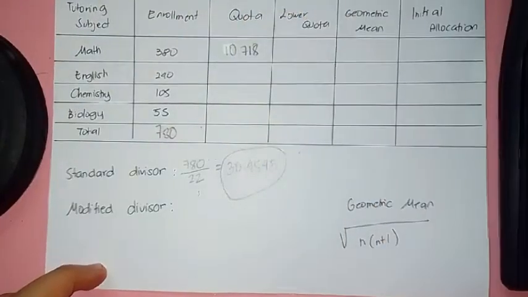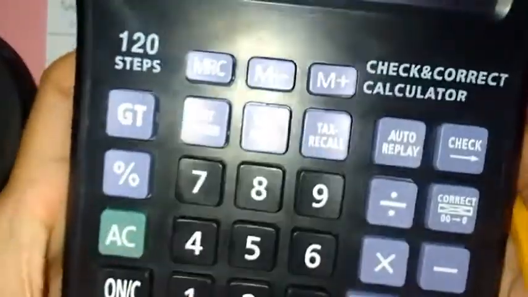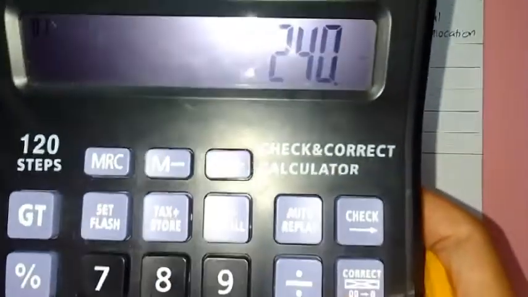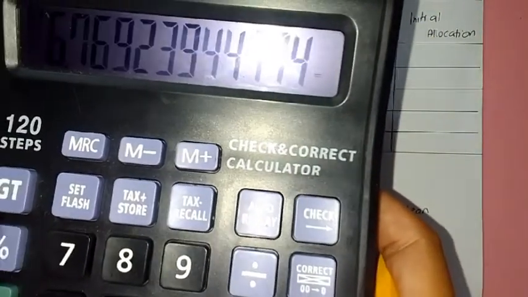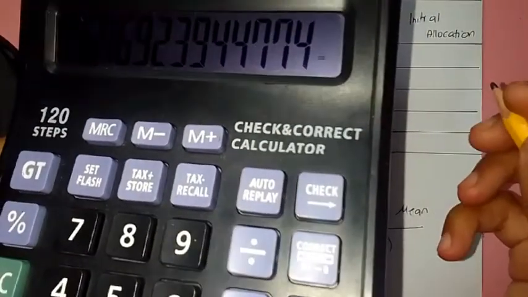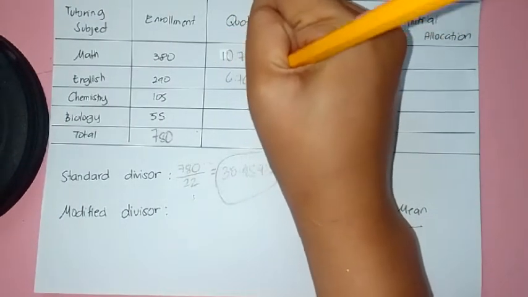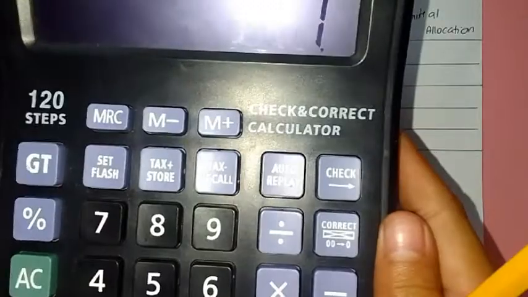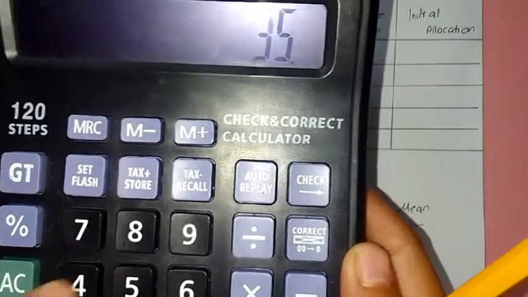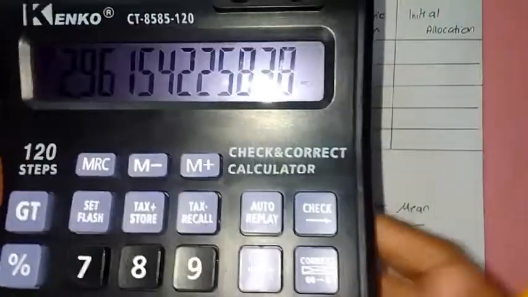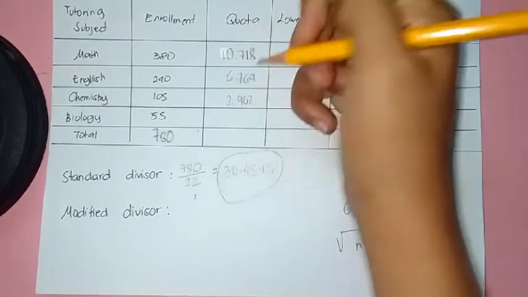10.718. So, next, the English. 240 divide 35.4545 equals 6.769. Then 105 divide 35.4545 is 2.962.